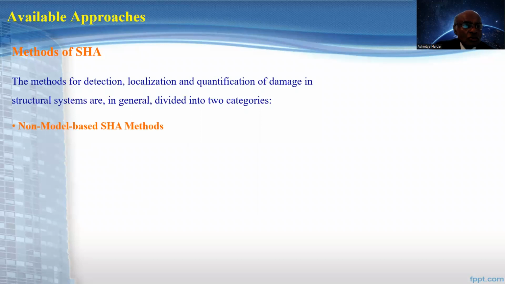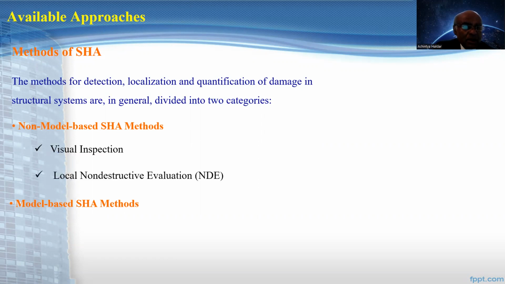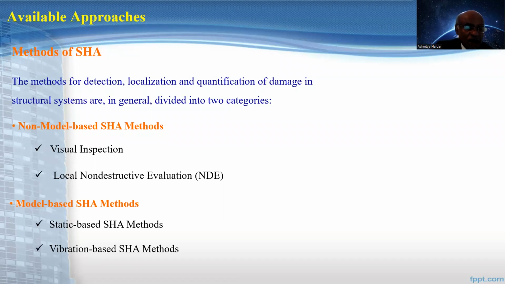One is non-model based, another one is model based. Non-model based is basically visual inspection or local non-destructive evaluation. Model based can be static excitation of structure or vibration excitation of structure. Non-model based approach is an old technique. Our forefathers, thousands of years ago, used finger tapping technique to figure out cracks in the earthen utensils.